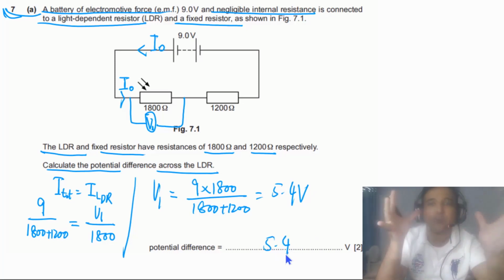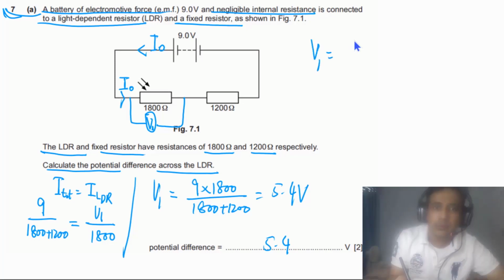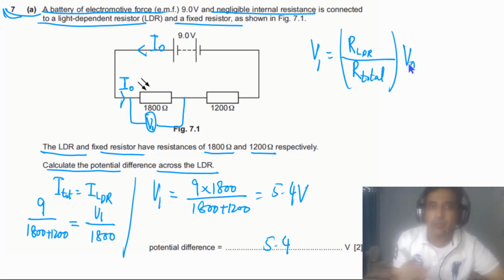So a beautiful way you can answer like this. Most of the time we remember that it is resistance of LDR divided by total resistance in the circuit, and this is only true if resistors are connected in series, multiplied by EMF of the power supply, means V0.